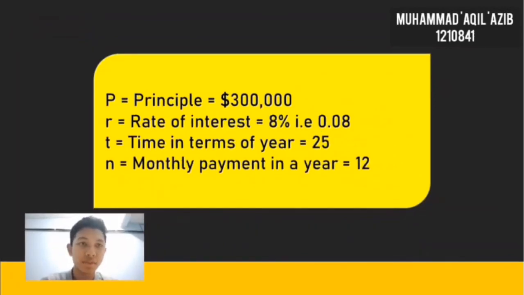From the statement given, we could say that P, or the principal, is $300,000, R, or the rate of interest, is 8%, or we could say 0.08, T, which is the time in terms of years, is 25, and N, or monthly payments in a year, is 12.